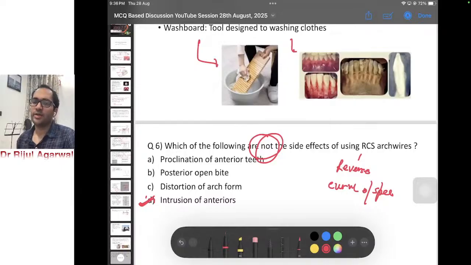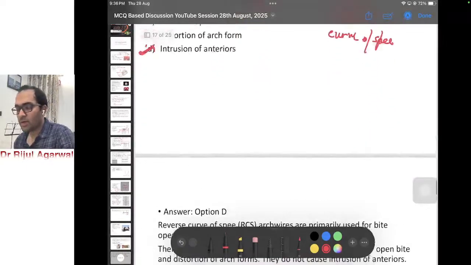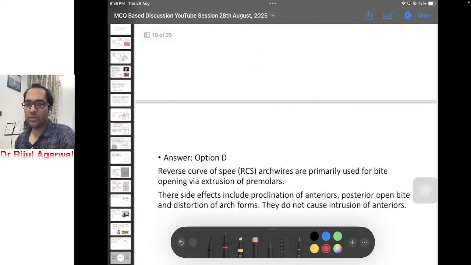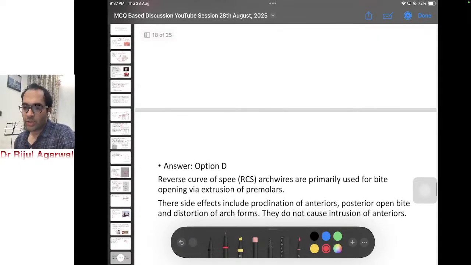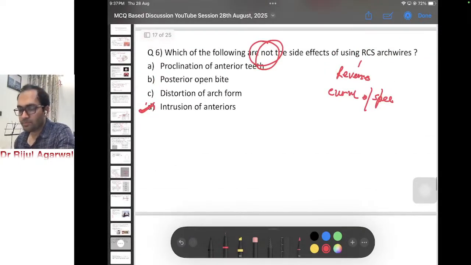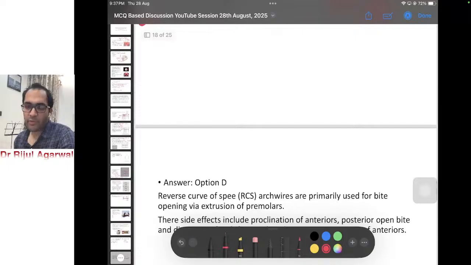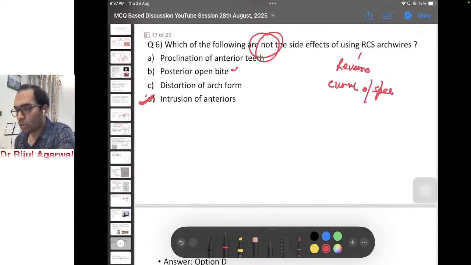Intrusion of anteriors. So what is reverse curve of Spee or RCS wire? Okay, Vishnu says option B. Okay, so now I have answered. I'll help you with the explanation part of this question. So all of you know from your prosto classes what is curve of Spee.